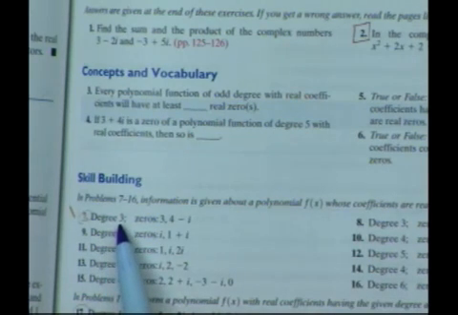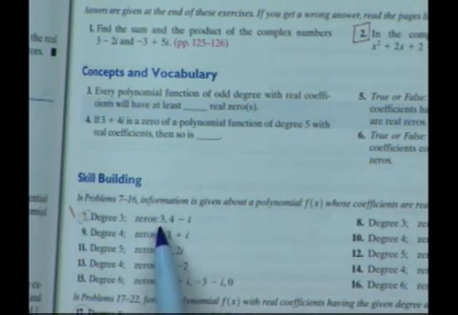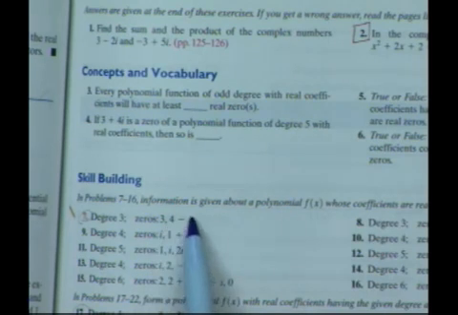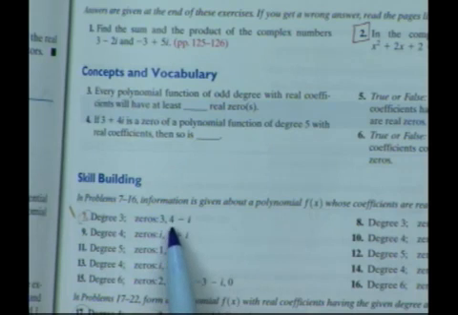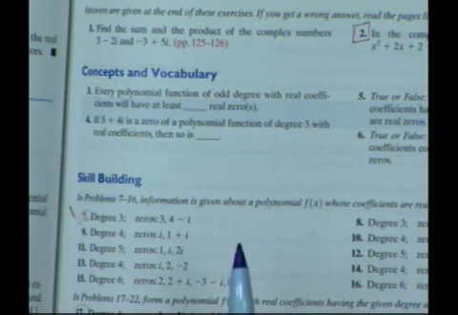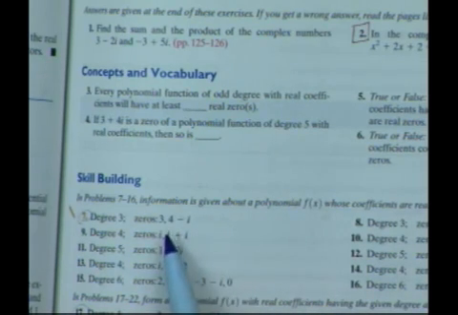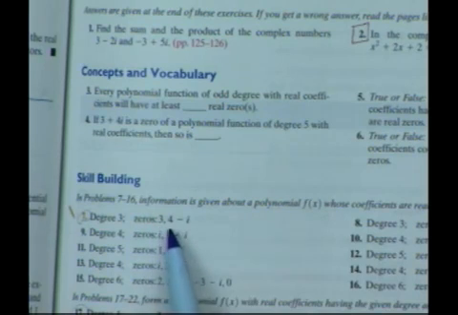If you have a third degree polynomial function, and a zero is 3, but the other zero is 4 minus i, what kind of number is that? Complex number. So if you have one complex number, what's the other zero? 4 plus i, and those are called conjugates. They always appear in conjugates. So your zeros are 3, 4 minus i, and 4 plus i.